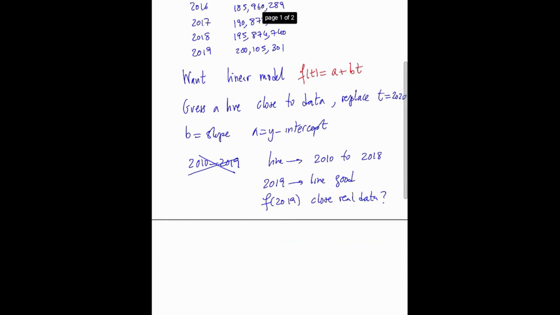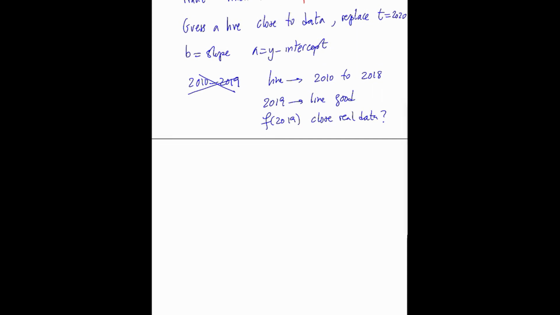So how do we build this line? What we need first is the slope of the line, because it's easier than the intercept. So b is how much the line grows, the speed of growth of the line. There are many ways to do it. For example, we could take the population in 2011 minus the population in 2010.